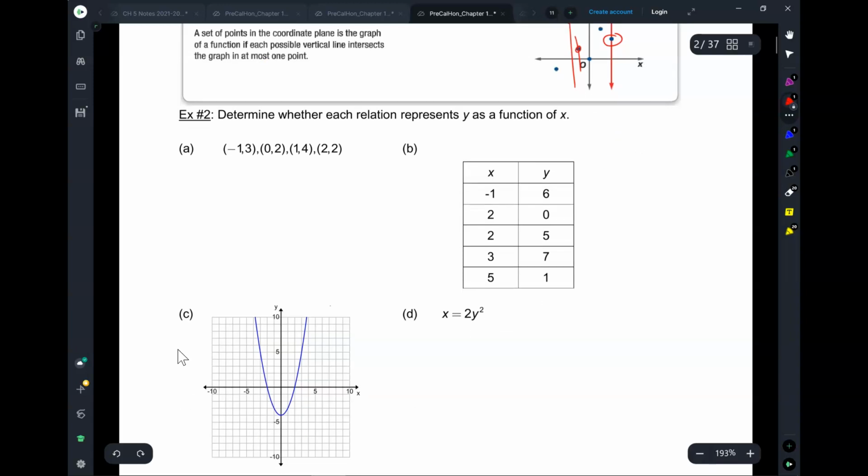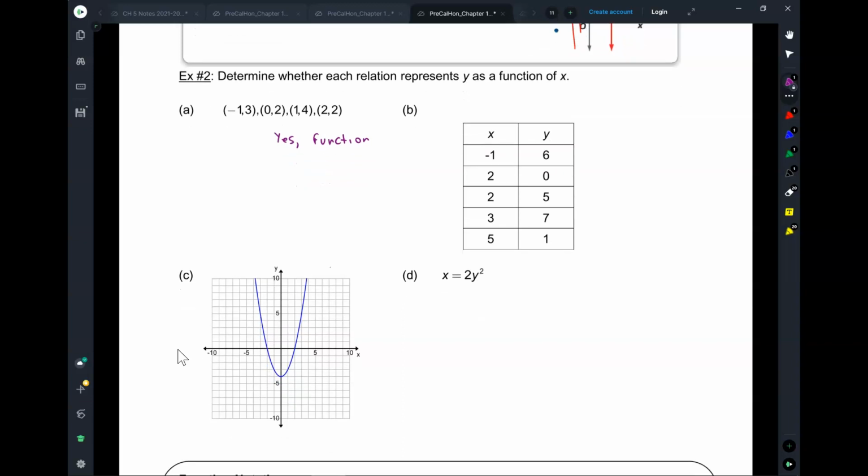All right, and then some other ways that you can determine whether or not a relation is a function is the following. If you're given coordinate points, go through the coordinate points and make sure no x's repeat. So here, none of the x's repeat. So yes, this is a function. Here, look at this one.